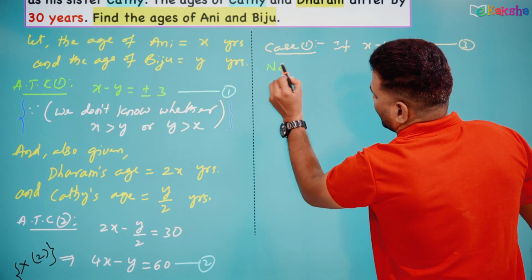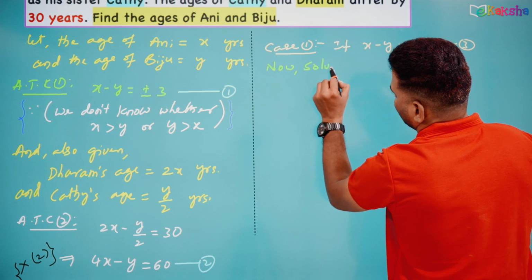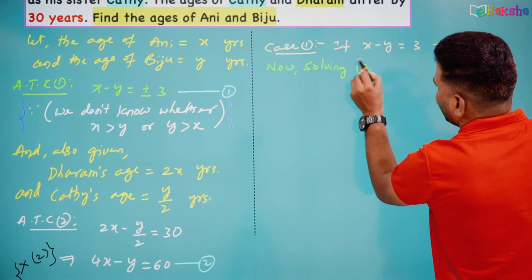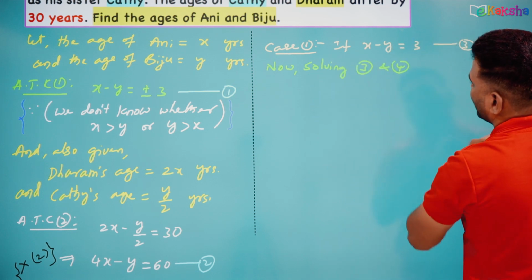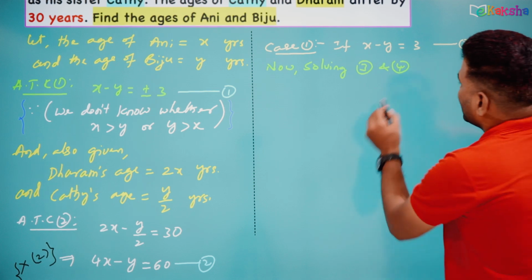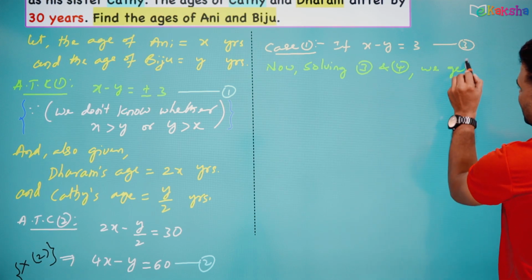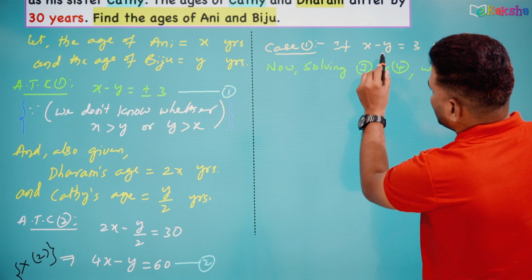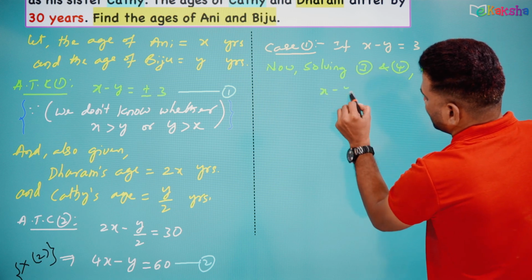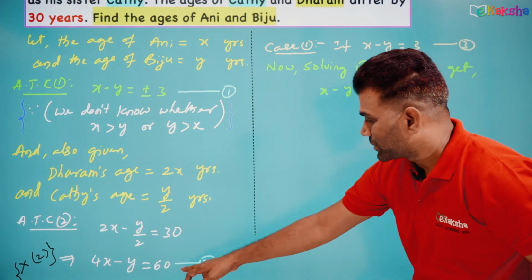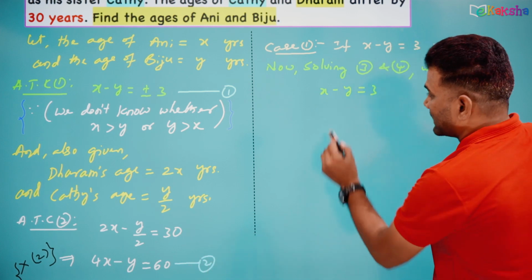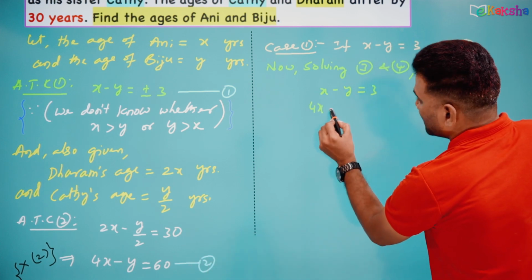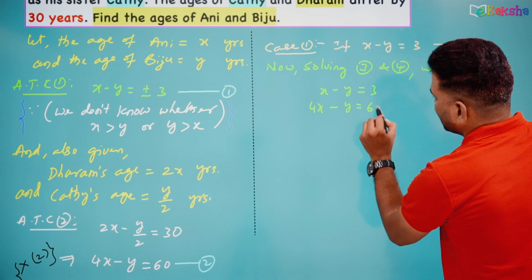Now solving equations 3 and 2, equation 3 we take as it is, that is x minus y is equal to 3. Equation 2 also we take as it is, that is 4x minus y is equal to 60.